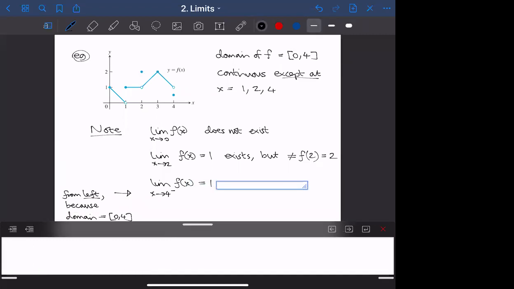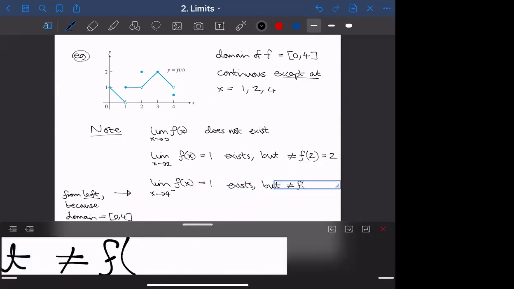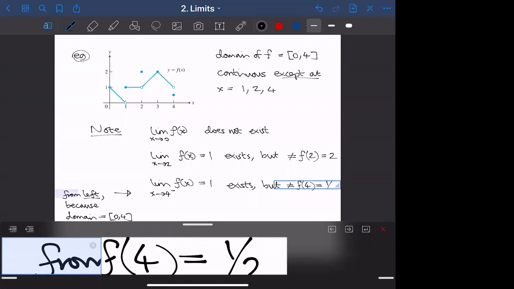So the limit from the left equals 1. But it is not equal to the value of f at 4, because the value of f at 4 is less than 1, I guess it's a half.